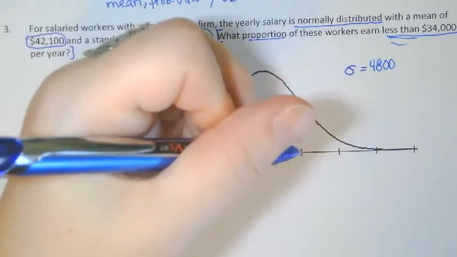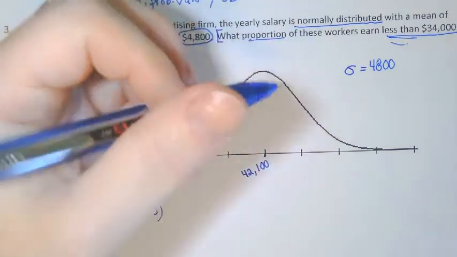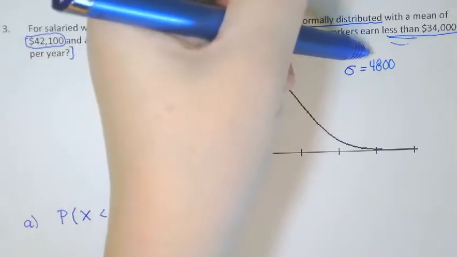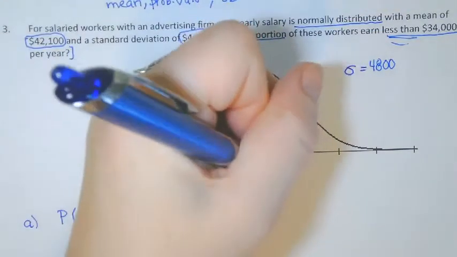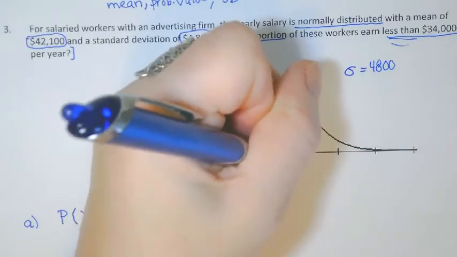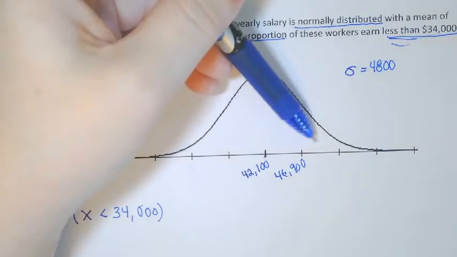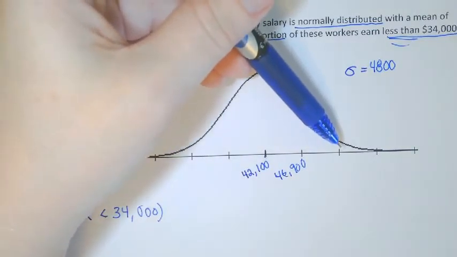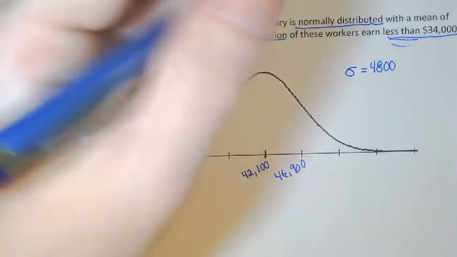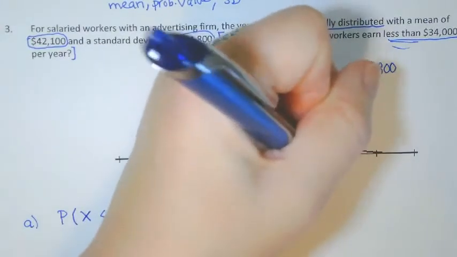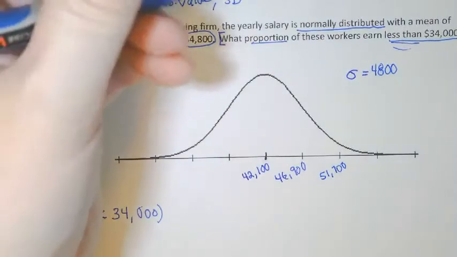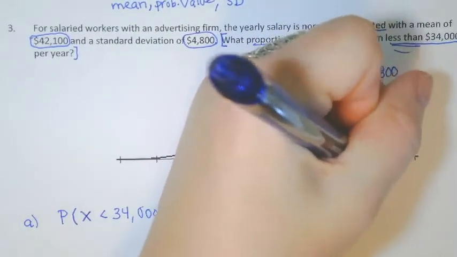So if I move one standard deviation to the right, I'd have 42,100 plus 4,800, which gives me 46,900. To find the second standard deviation above the mean, I add 4,800 to this value, which gets me 51,700. And the third standard deviation above the mean would have a value of 56,500.